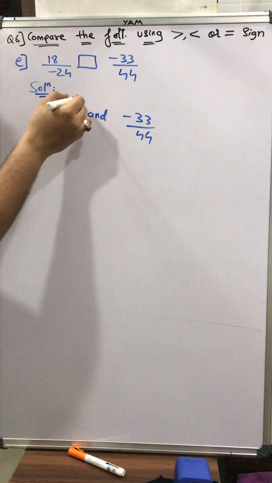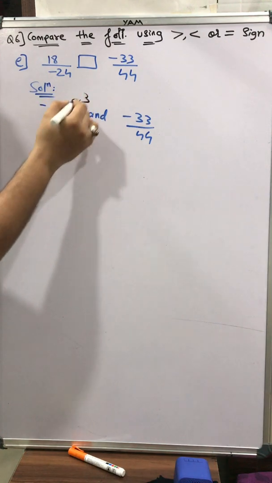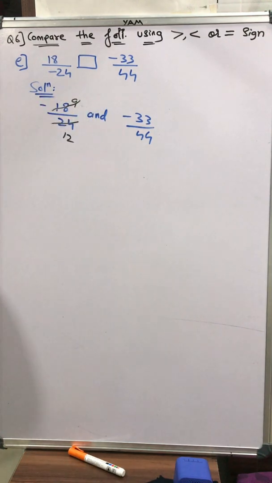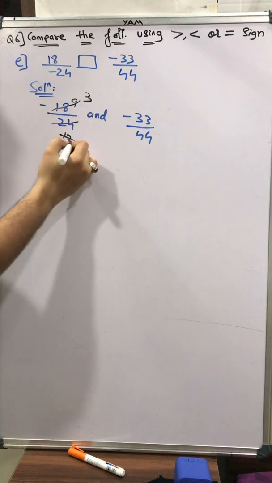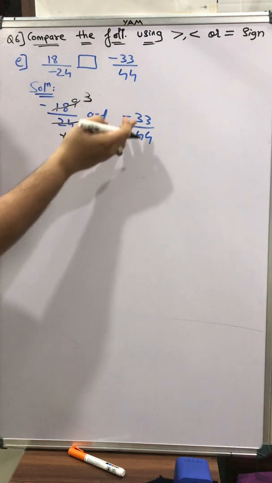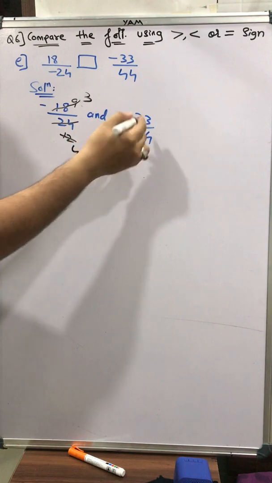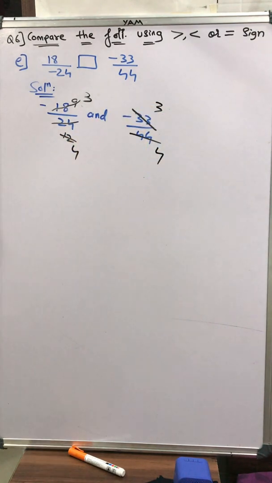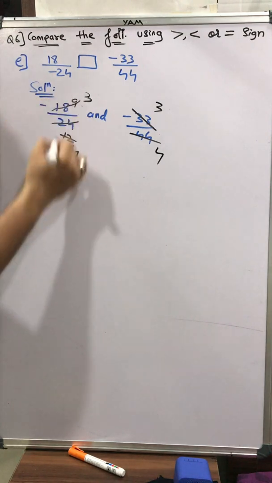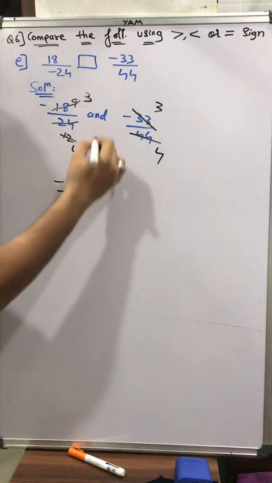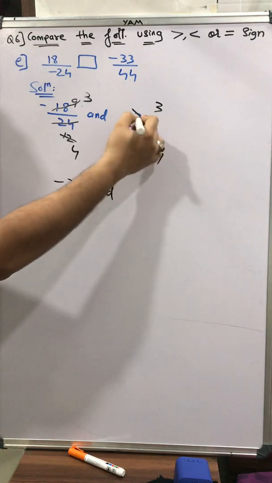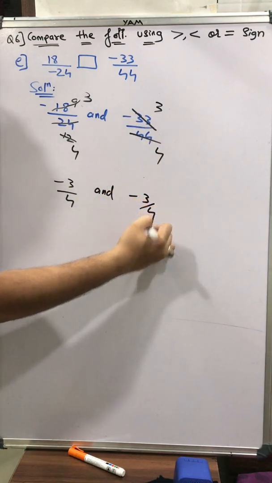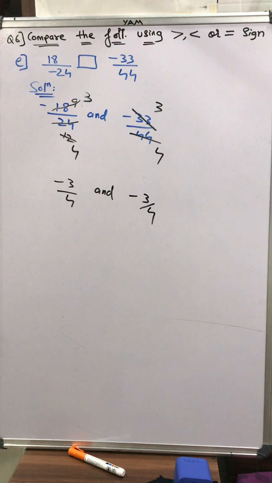It goes with 3 also, so 3 threes are 9 and 3 fours are 12. Can I say this also can be reduced in the 11 times table? 11 threes are 33, 11 fours are 44. See students, what I got here: minus 3 upon 4, and on the right hand side the same, minus 3 upon 4.